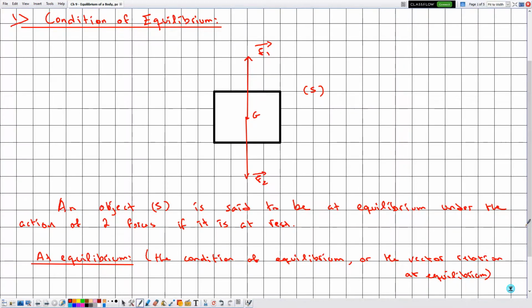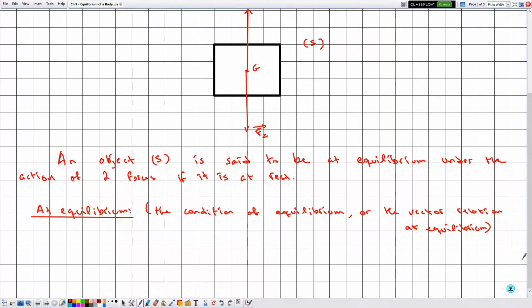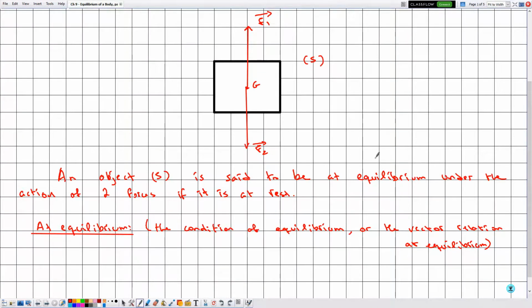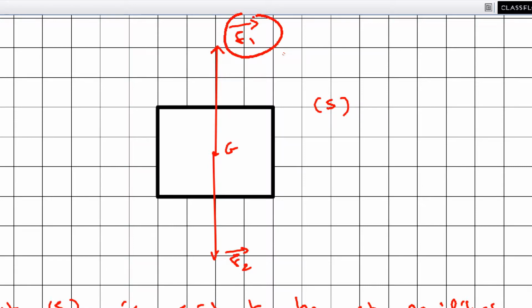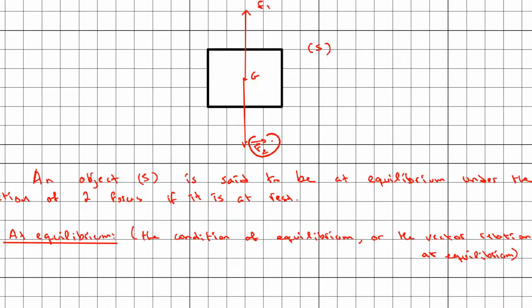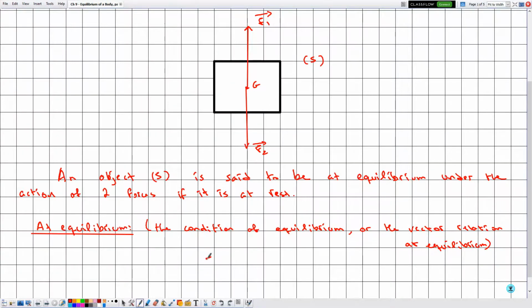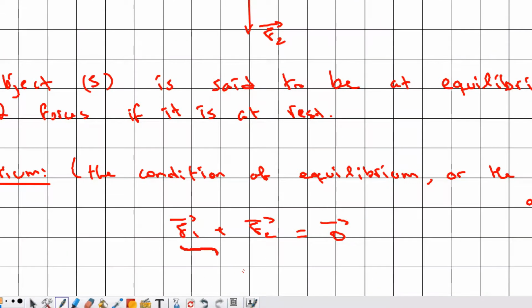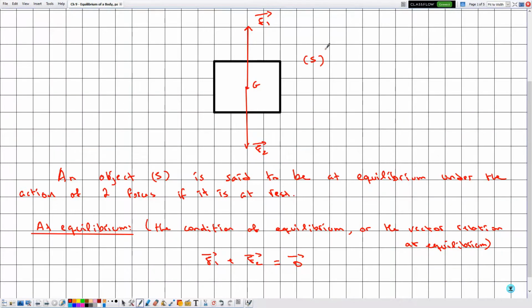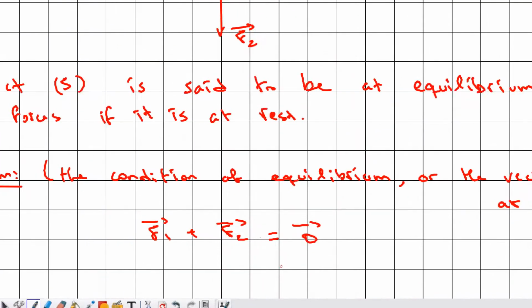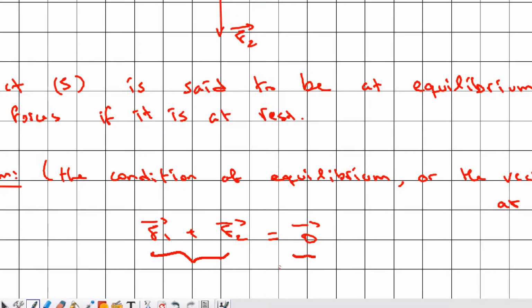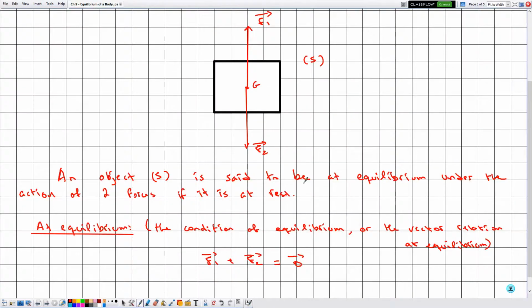And we are referring to the following relation. What are the forces acting on the solid S? We have the force F1 and the force F2, and the sum of these forces must add up to 0. On the left hand side of this equation we have the sum of forces acting on the solid S, and in this case the sum of forces adds up to 0. The 0 indicates that the solid S is at equilibrium.